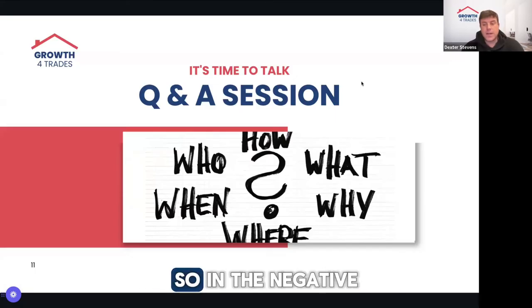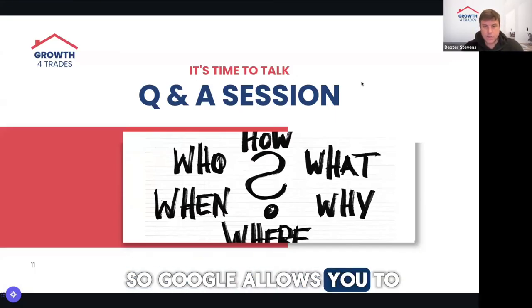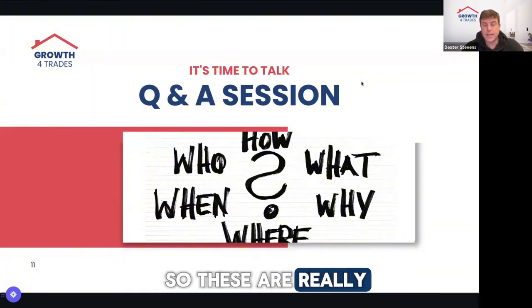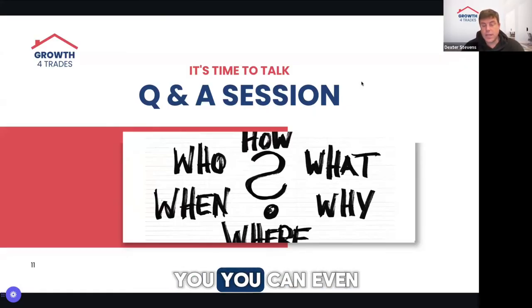Great question, Osman. So Google allows you to add negative keywords to your campaign. These are keywords that you don't want to be coming up for. As an example, it would be location.